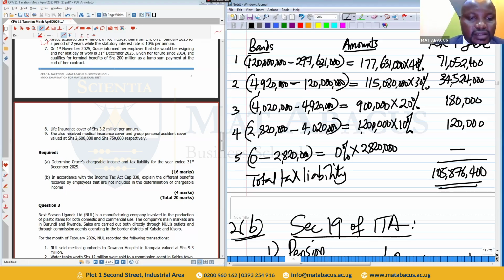These are the two areas that we have looked at today: business income and employment income. These are areas that are very common both in the exam and in the field of taxation that you need to master as a candidate or as someone who has actually studied tax.